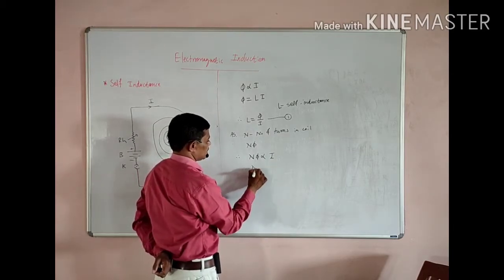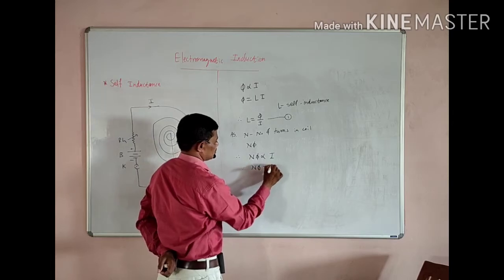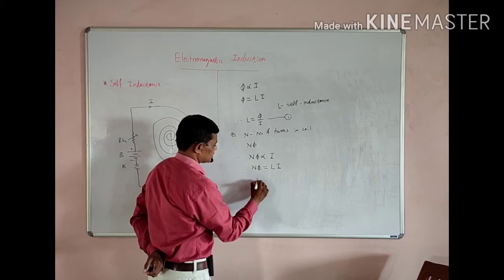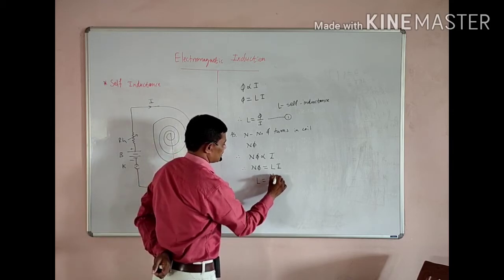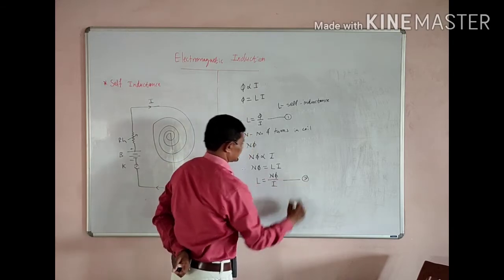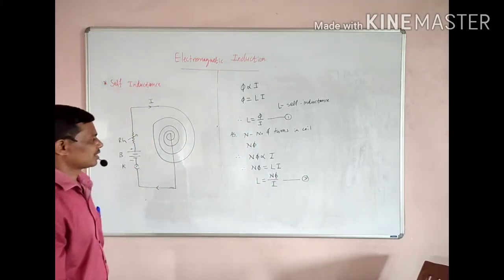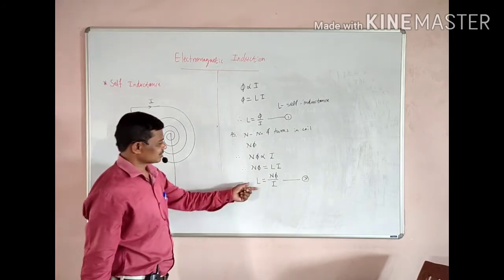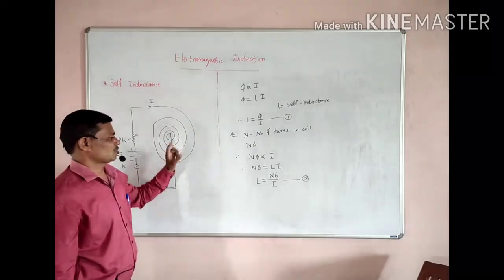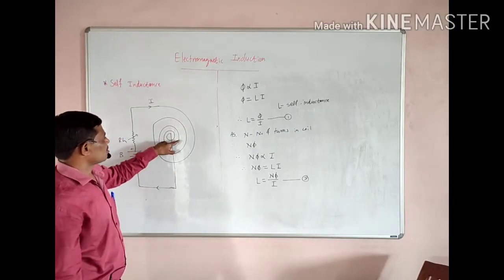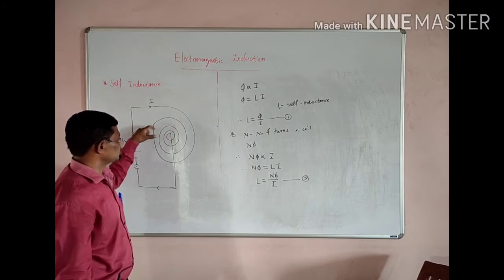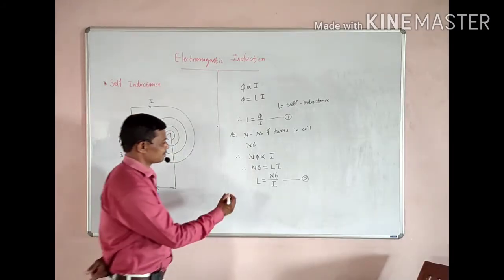So N into phi is equal to L into I. Again, where L is the coefficient of self-inductance, L is equal to N phi upon I. Suppose this is equation second. The self-inductance of a coil depends upon the geometry of this coil and also on the material used for the preparation of this coil.